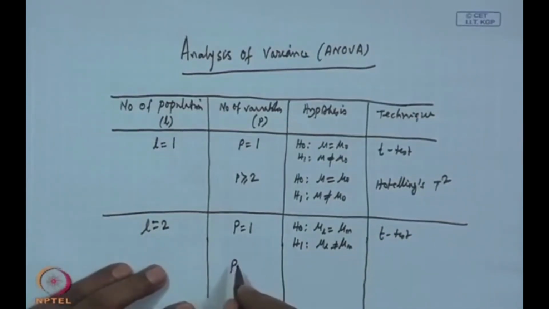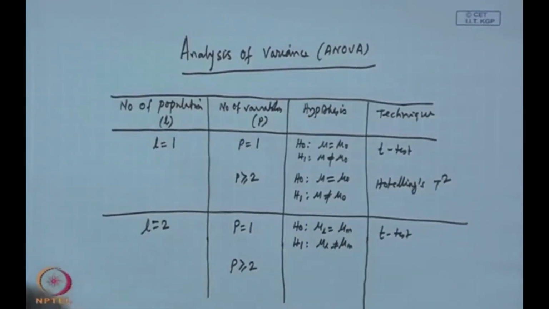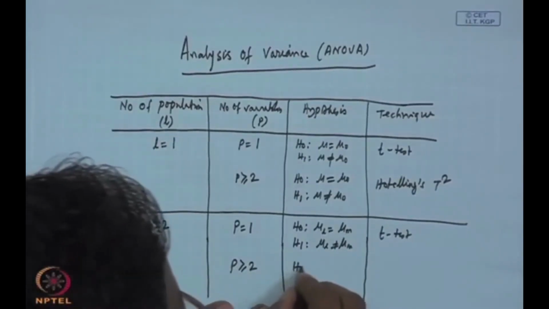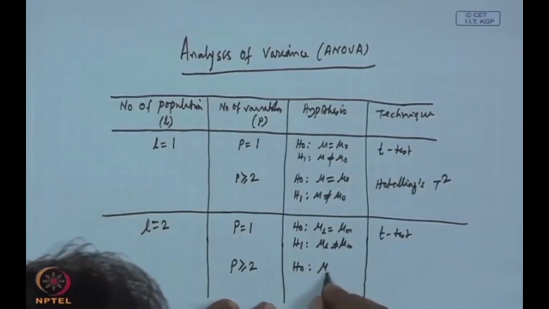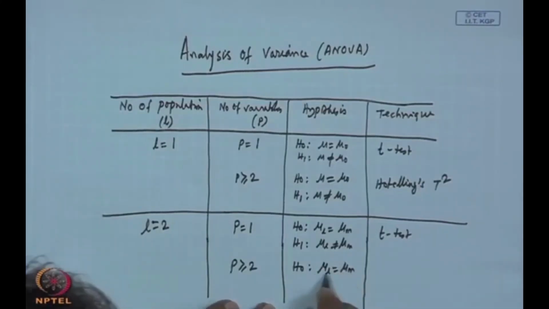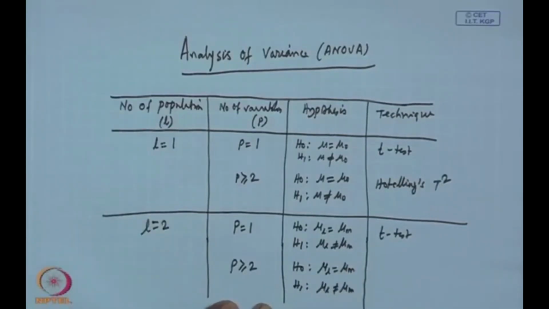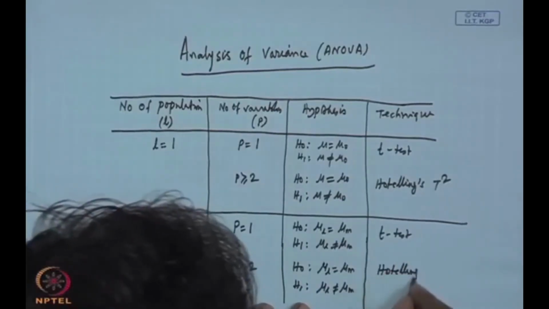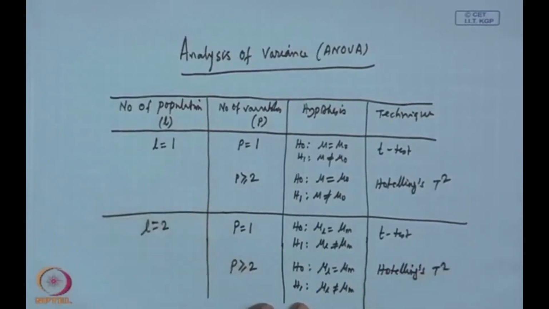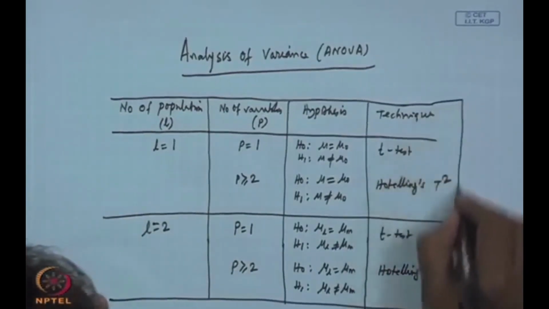For the P greater than or equal to 2 case, we have the hypothesis mu L equal to mu m, where mu L and mu m are vector quantities, and H1: mu L not equal to mu m for at least one pair, and we also used Hotelling's t square. So, this is what we have already completed from the hypothesis testing point of view.